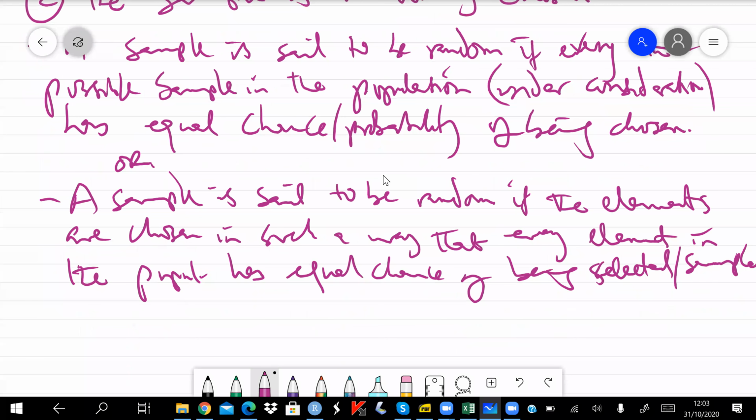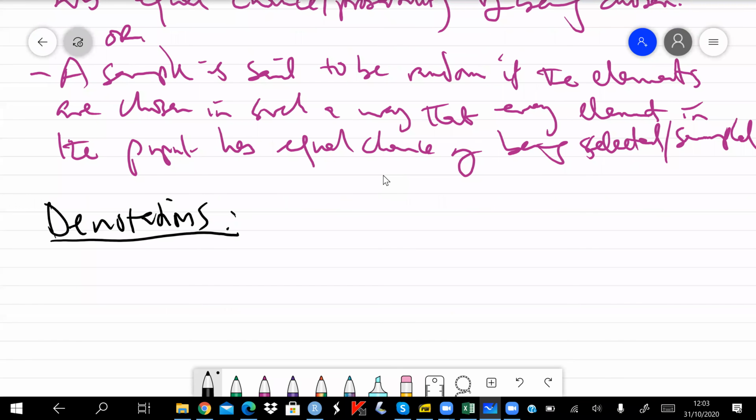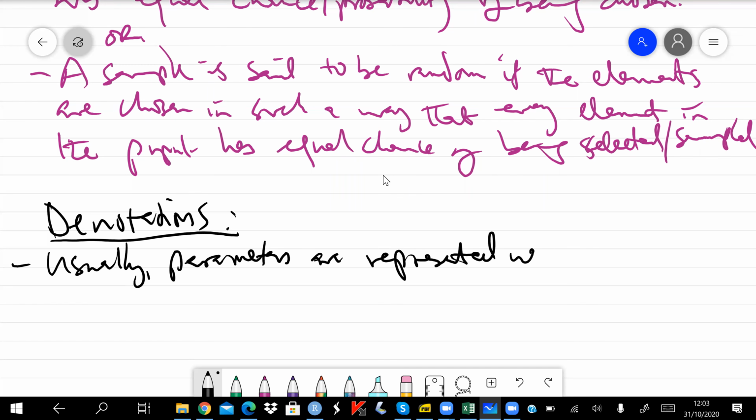So let's look at some important denotations, some important symbols that we shall be using in statistical inference. Usually, parameters are represented using Greek letters, in most of the cases.